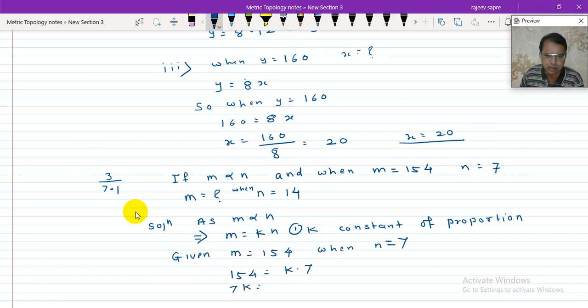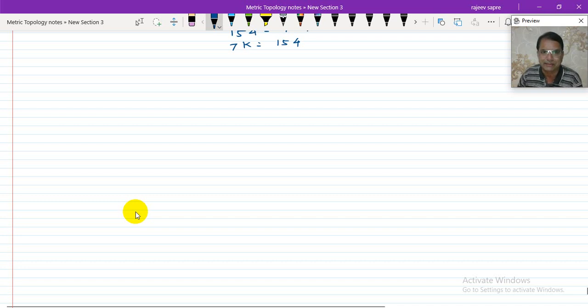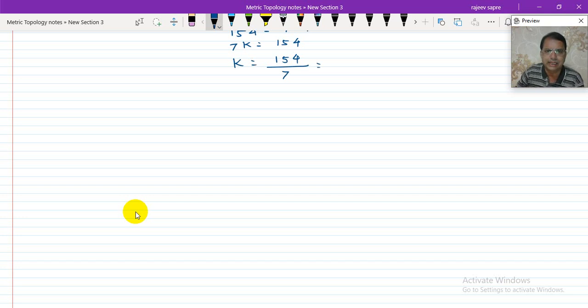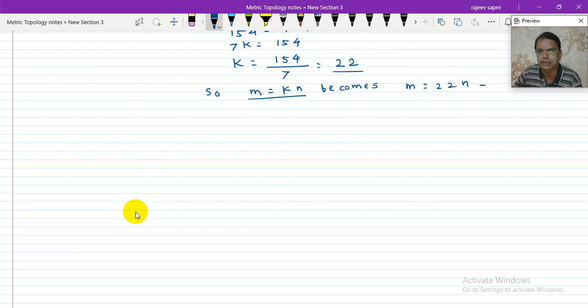That means 7k is equal to 154, and so k is equal to 154 upon 7. Now you should know what this is. 7 twos are 14, 1 and 4, 14. So 22. If it is part of the table of 22, 22 sevens are 154, we should know. So we have got k is 22. So what was given to us? m alpha n was given. So m alpha n, m is equal to kn, that becomes m is equal to 22 into n. m is equal to 22n. Because we found the value of k, 22, we put it in this equation, so m is equal to 22n. This is our result number 2.